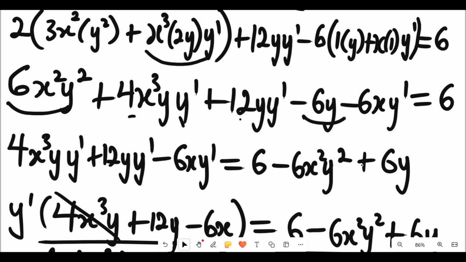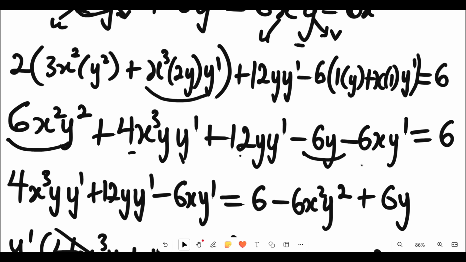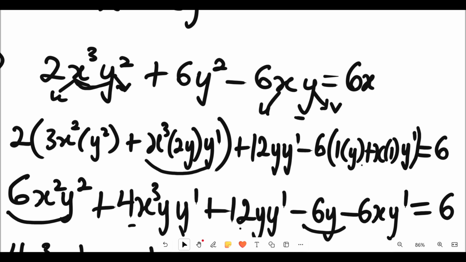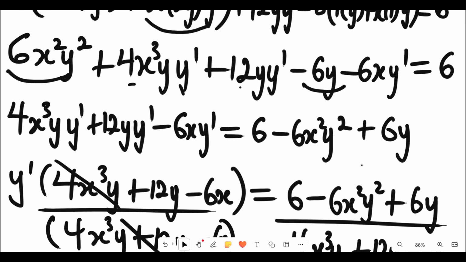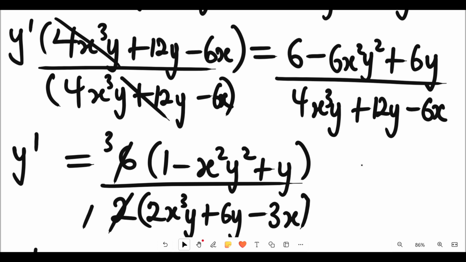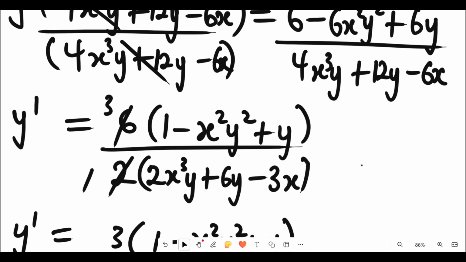And we have transposed this 6x squared y squared to the right hand side, becoming negative 6x squared y squared, which is correct. And we have also transposed our negative y to the right, so it becomes plus y. And you divide through by the coefficient of y prime, and we simplify to get this as the answer.